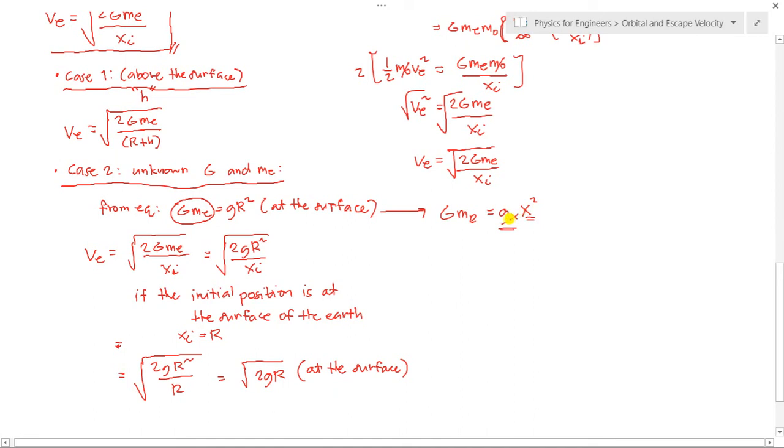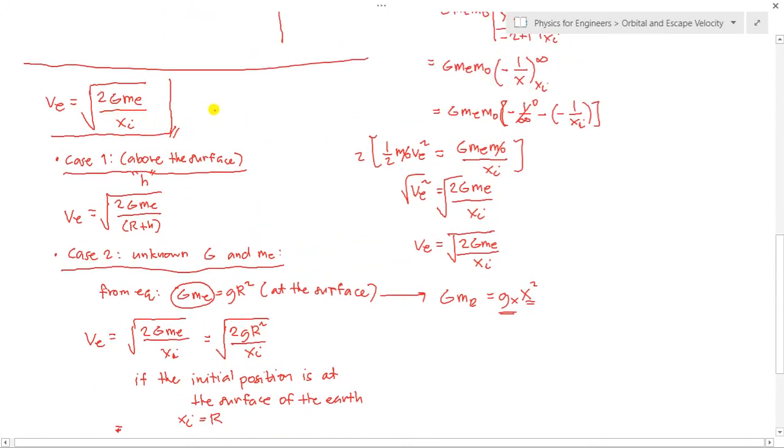That is why at the surface we use r, because the distance is r, the radius of our earth. Just remember the general formula.